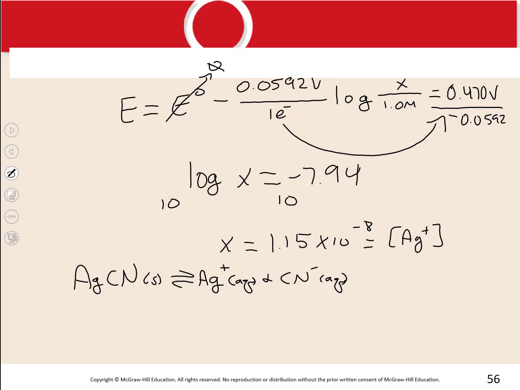All right. So if I were to write the K for this reaction, the equilibrium expression, it's products over reactants. So my products are silver and cyanide. Anything go on the bottom? No, because my reactant is a solid, so I ignore it. Now I know what Ag is, but what about CN? Can I determine what CN is?